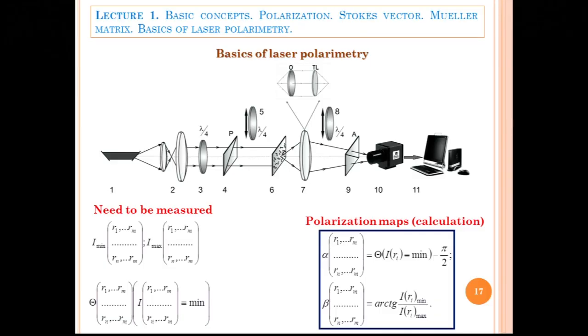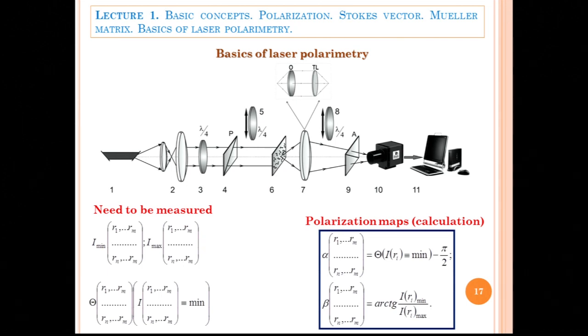After that, calculate the angles of the analyzer corresponding to the minimal array. Then simply calculate the polarization azimuth by subtracting pi divided by 2, and the ellipticity as the arctangent of the ratio of minimal intensity to maximal intensity.